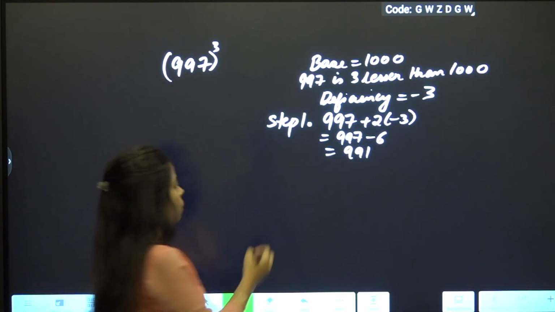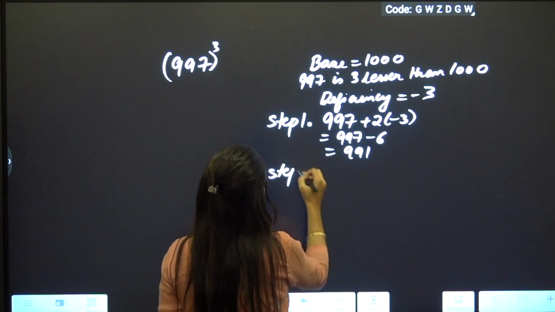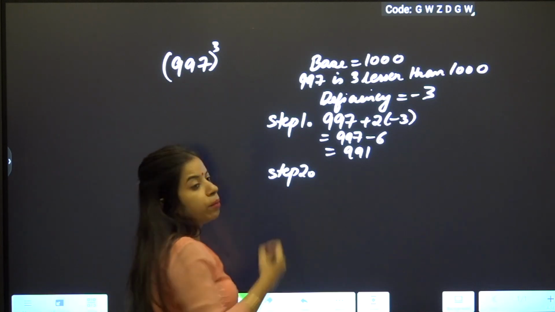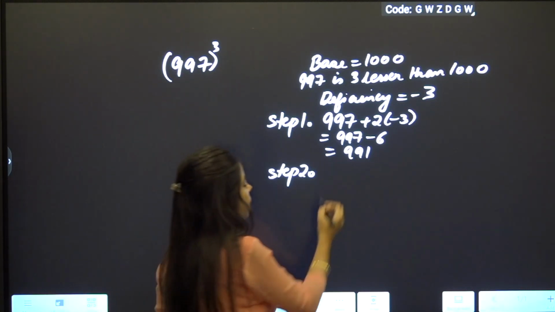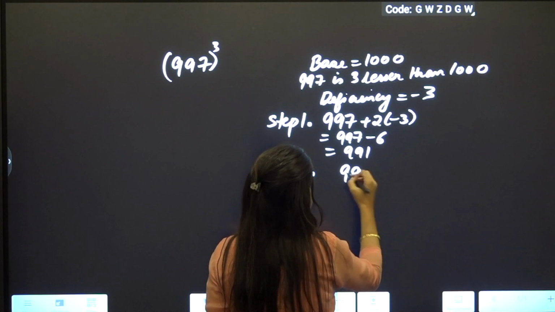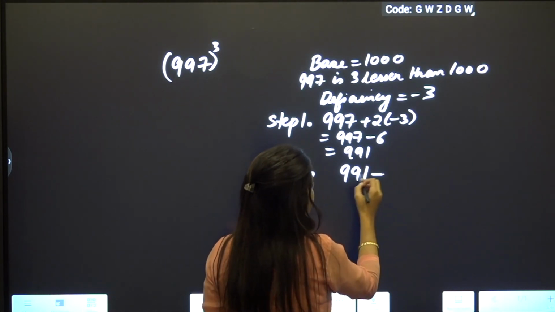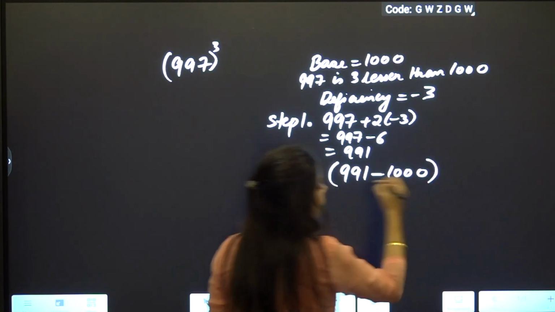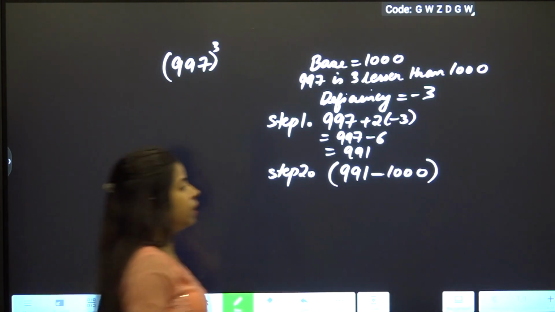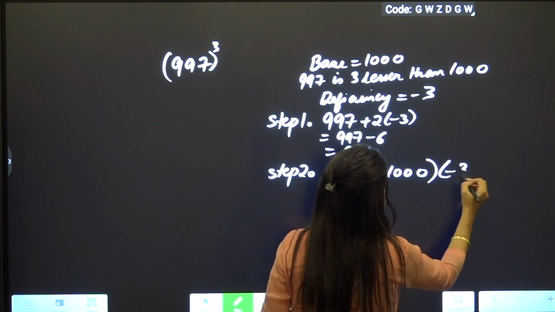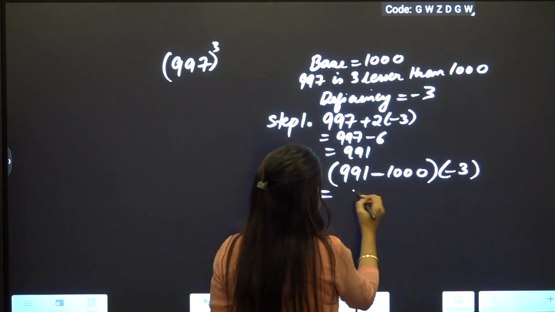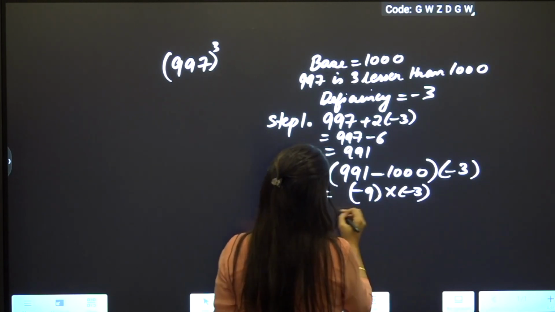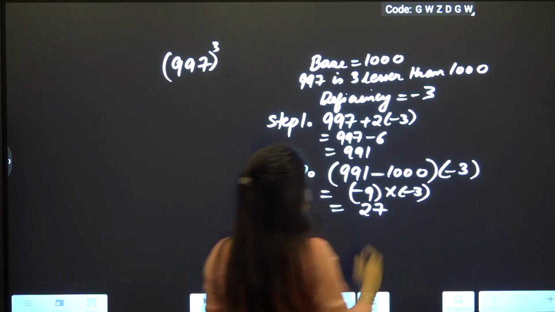In step 2, we are going to subtract 1000 from the number obtained in step 1, which is 991. So this will be 991 minus 1000 and we are going to multiply the result with the deficiency, which is minus 3. So this will become minus 9 into minus 3, which is 27.